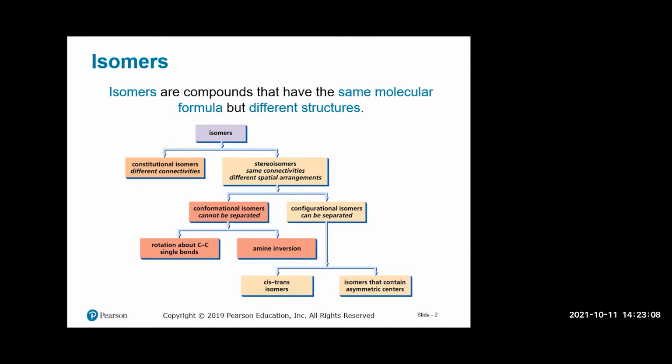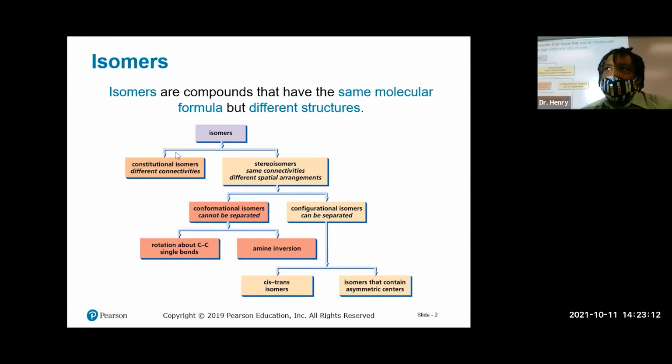Okay. So isomers altogether, we have constitutional isomers. So that's just what we're traditionally used to, right? I talked to you guys about sugar, like fructose versus glucose, sucrose versus glucose, same chemical formula, but how they're connected is different.